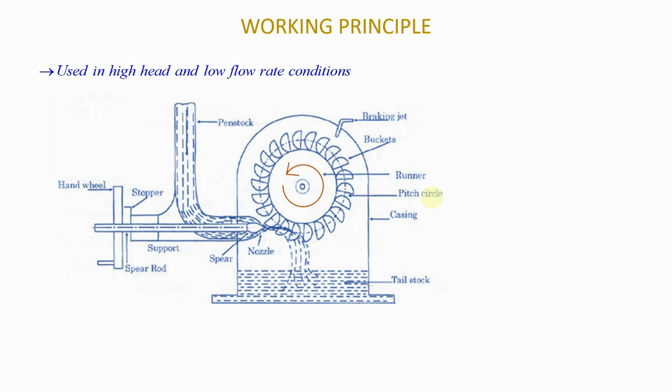So if you come across the expression pitch circle or bucket circle, this is just the circle that is described by the buckets as they rotate with the wheel. Okay, and you can see it in the figure here in dotted lines, and it is passing by the center of gravity of each bucket. Okay, so this circle, that is what we refer to as the pitch circle.